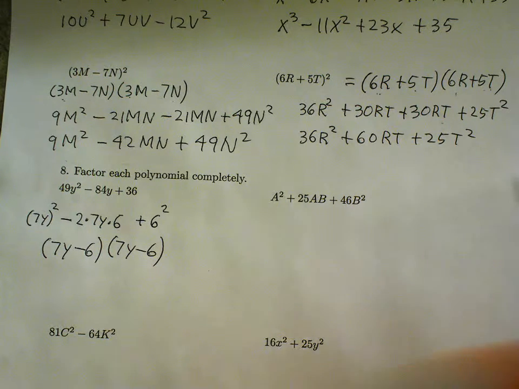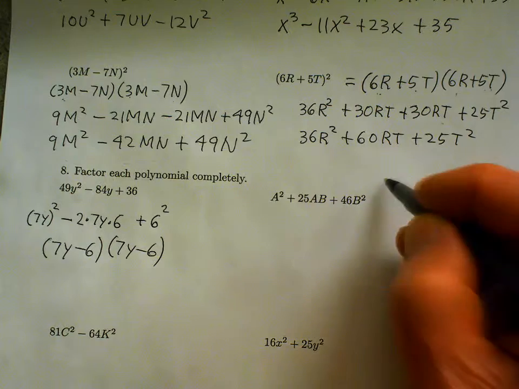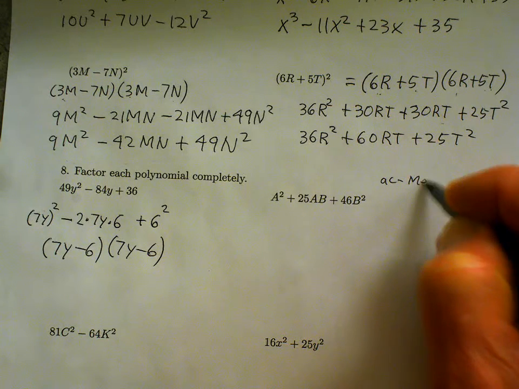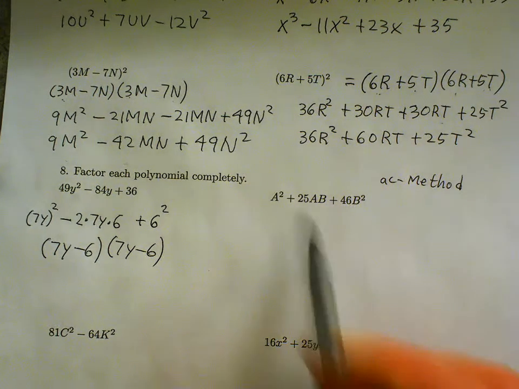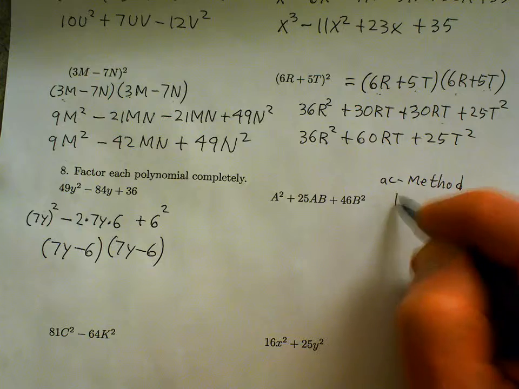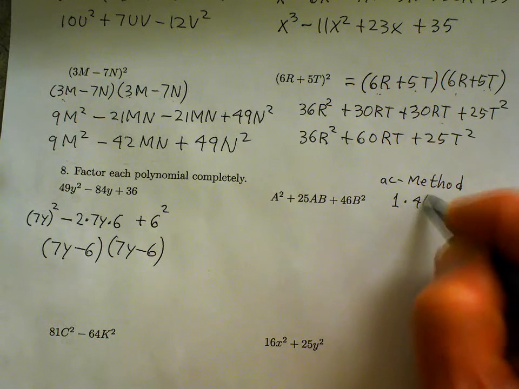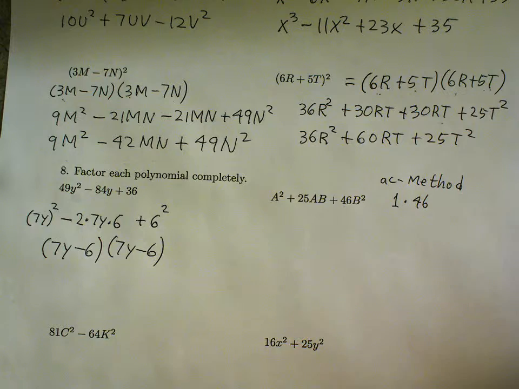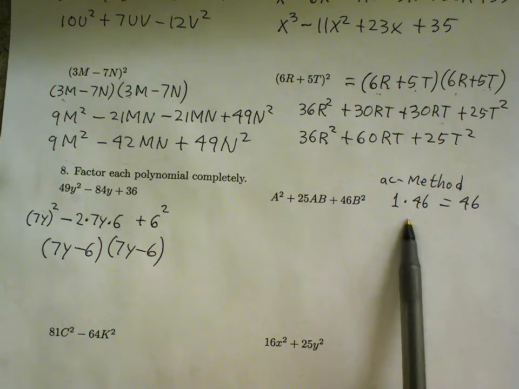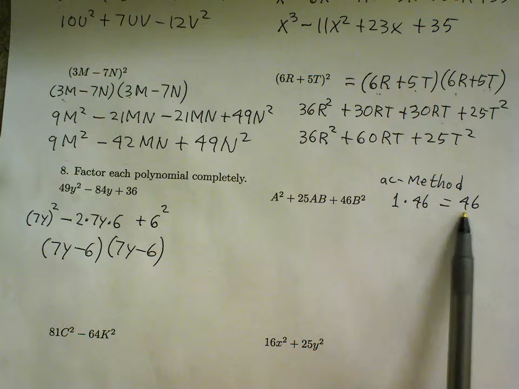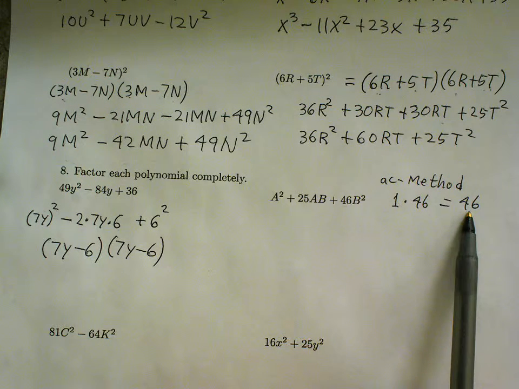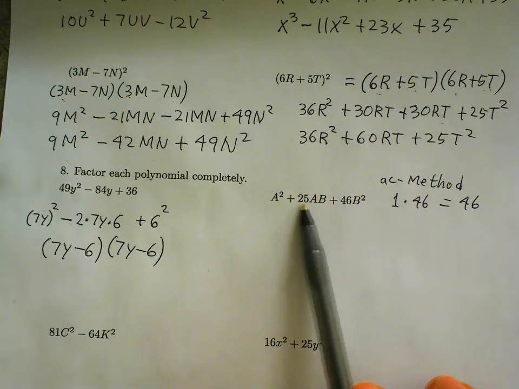So we'll try the AC method. The coefficient of a squared is 1. Multiply that by 46, the coefficient of b to the second. And we're looking for two integers that have a product of positive 46 and a sum of 25.